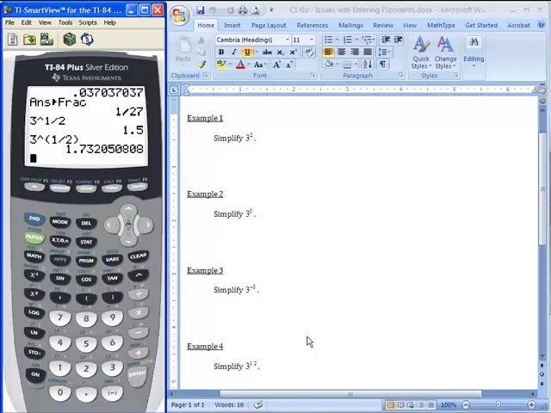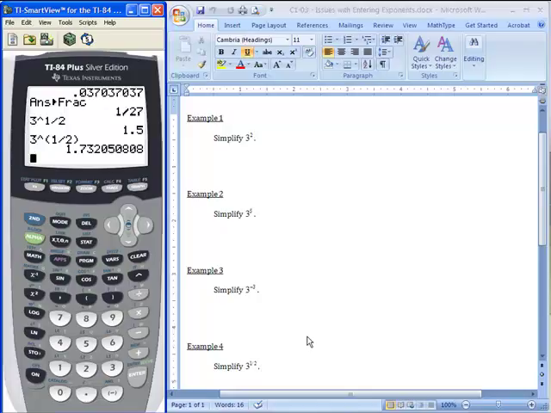In this case, we get the value 1.732050808. There's an infinite number of decimal places to this value, actually, and there is never a repeating sequence. This is an irrational number, and we can either put it in decimal form or we can express it as 3 to the 1/2 or the square root of 3.